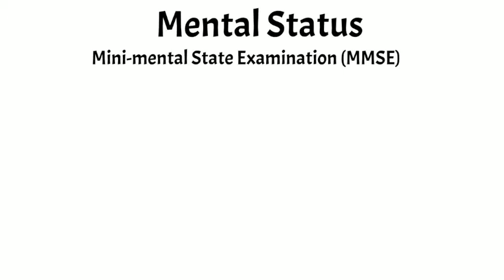Next, let's talk about mental status. So the MMSE is the Mini-Mental State Examination. Basically, this is used to detect dementia or mild cognitive impairment. And in this chapter, or I guess in this article, they just spoke for a few moments about it. What they said was that it's not a perfect measure.